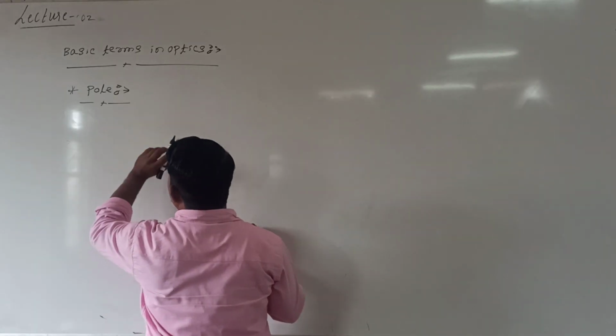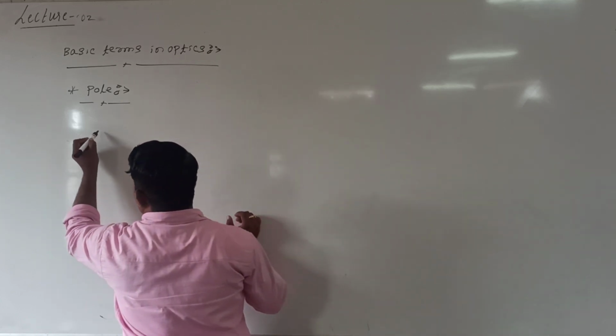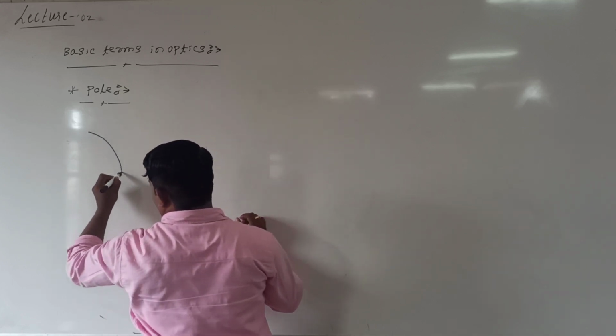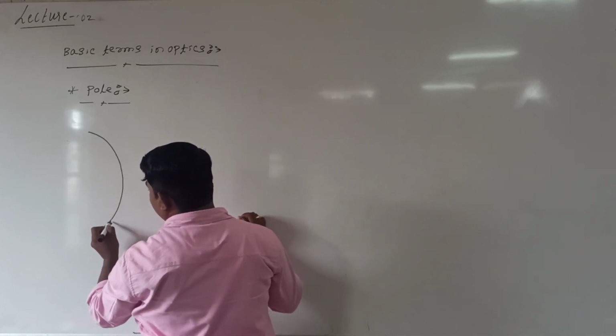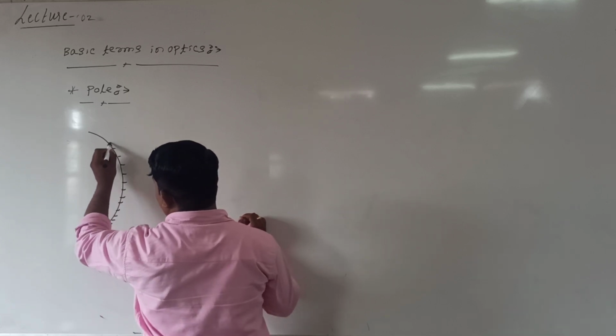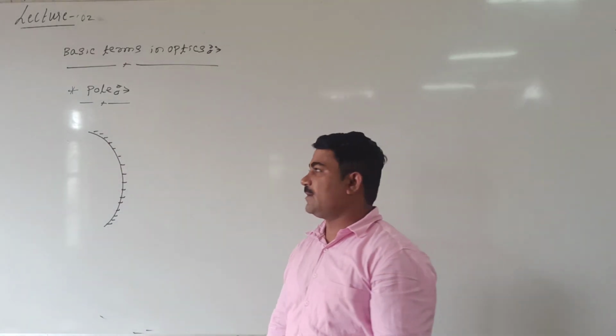Let us take this, which we call a concave mirror. Say its bulging part is silvered, and the other part is the reflecting one.